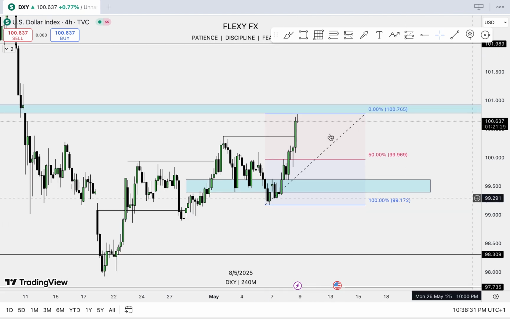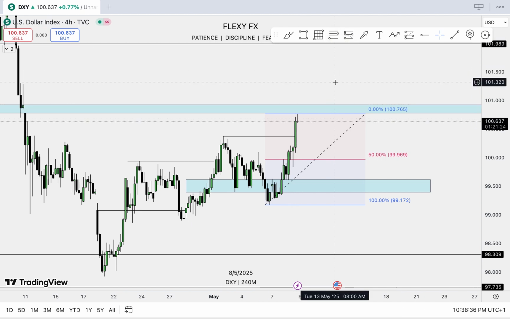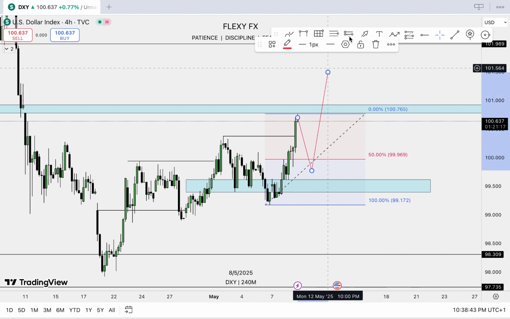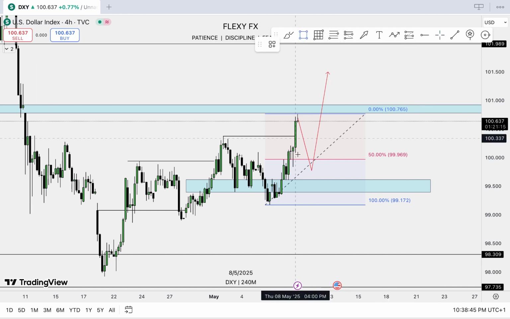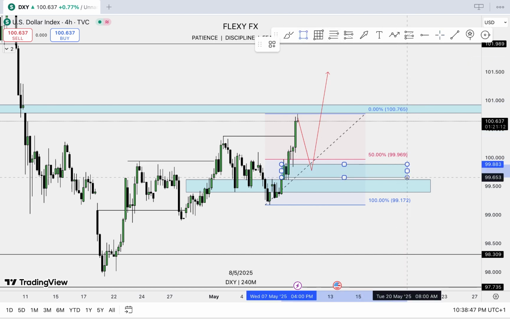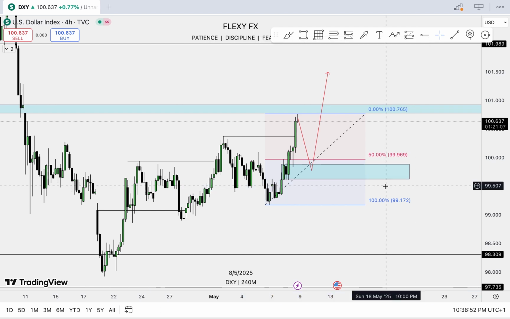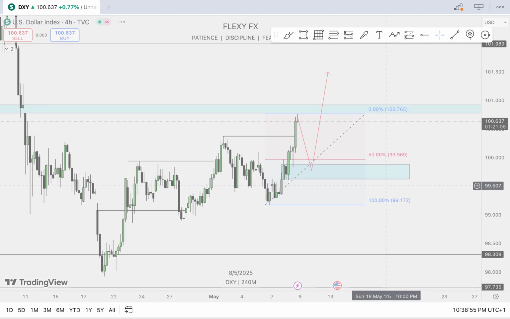So I don't know, maybe during the Asian session the price might decide to just explode higher, and then mostly the Asian session comes with some sort of retracement. So I'll be expecting something like this, price retracing into this other block right here. So that will be my new point of interest for price to trade into. You might decide to go to the 1 hour time frame to see if you have some sort of confluences around that area to long price.